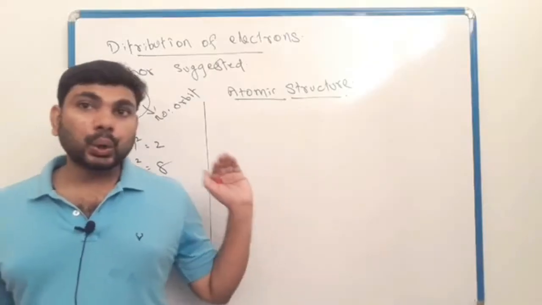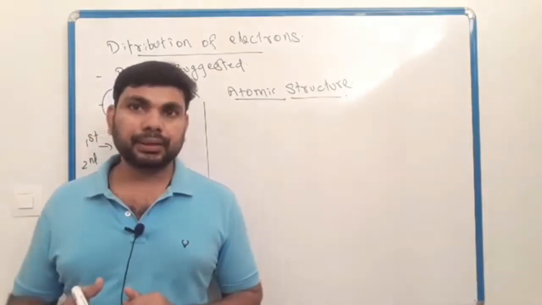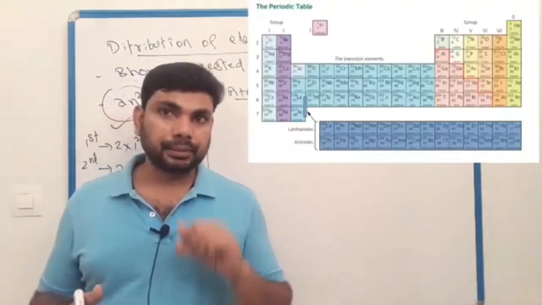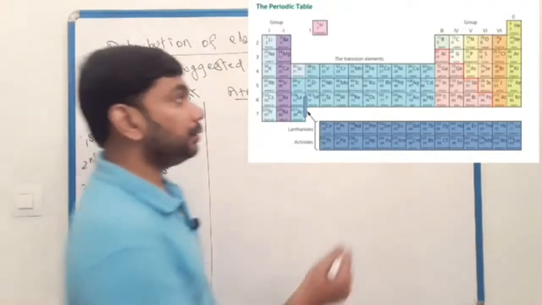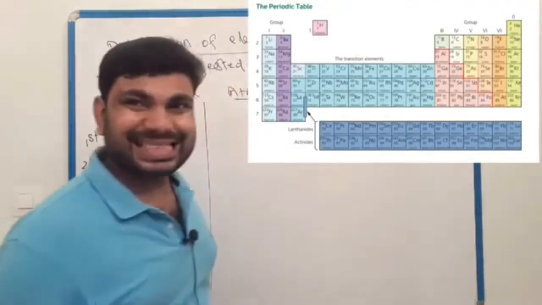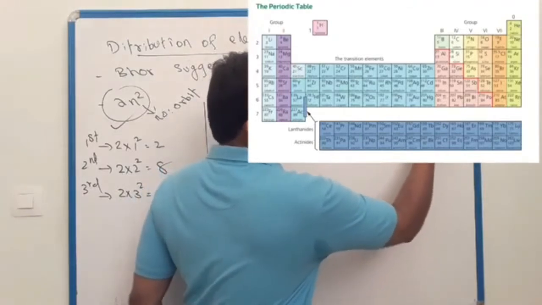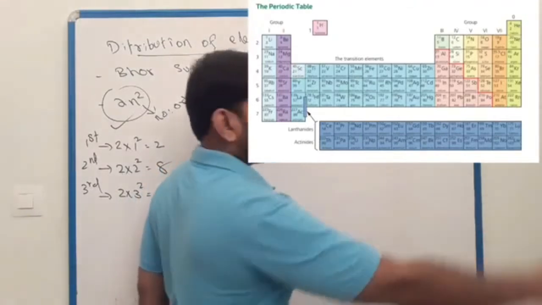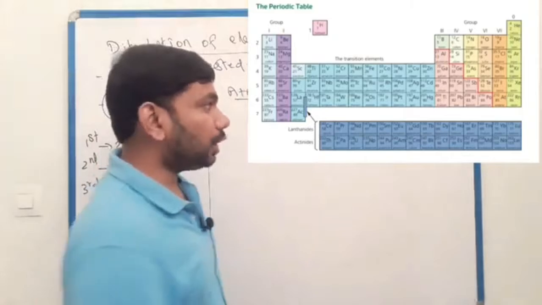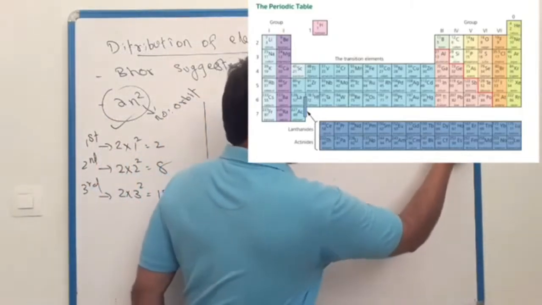Also there is their atomic number and mass number. For example, you can see in this periodic table 6 and 12. Here 6 is the atomic number. Atomic number 6 means there are 6 electrons and 6 protons.